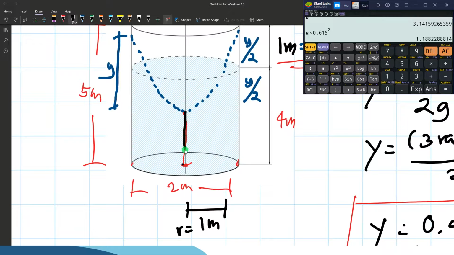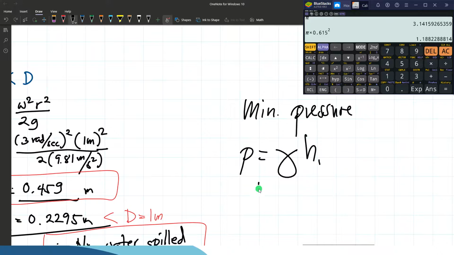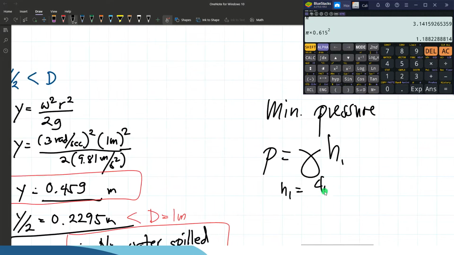What will be this distance? If this is y over 2, we will just subtract y over 2 from 4 meters in order for us to determine this distance. Let's say this is h1.